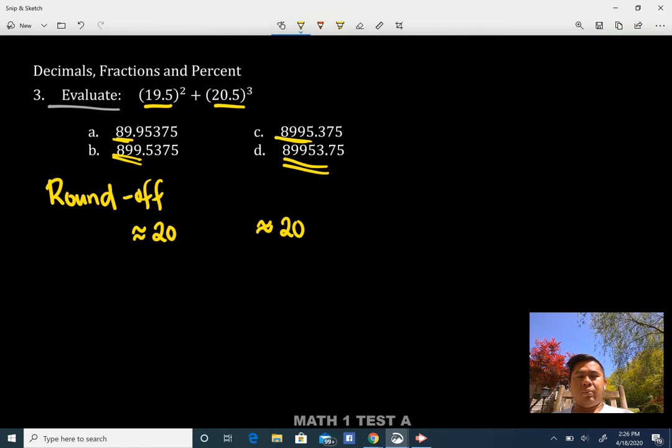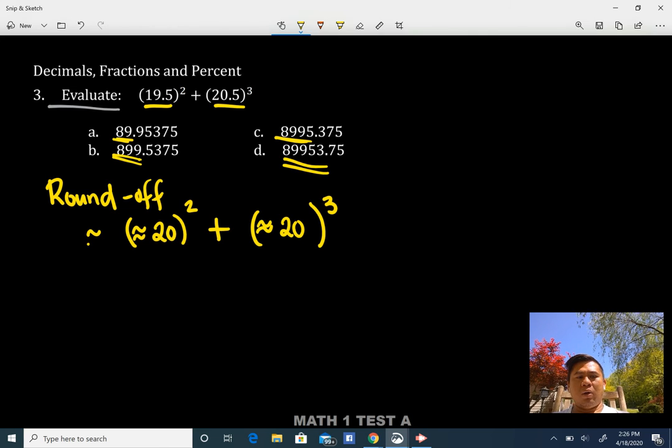Again, I simply did approximate them to be near more or less 20. And then since 19.5 is squared, I will square the first 20, and the 20.5 is cubed, so I will cube the next approximately 20 as well. And then I'm going to add both of them.